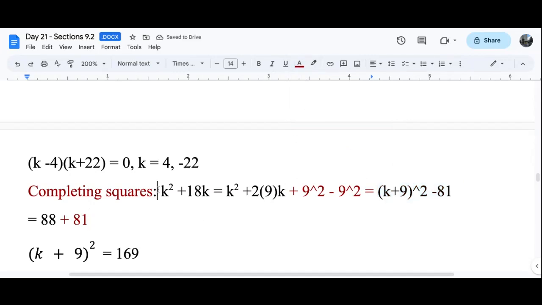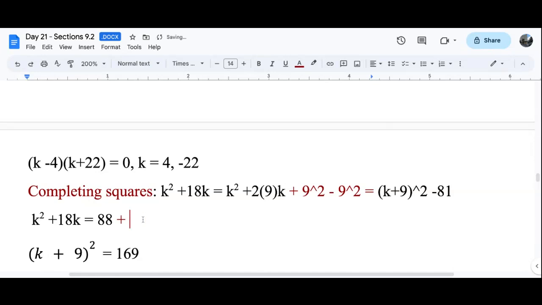Let's make sense of this. So I'm focusing on k squared plus 18k, right? I want to change this one. I want to rewrite this one as a perfect square, so I read it this way. Now we started with this. So what did we add?